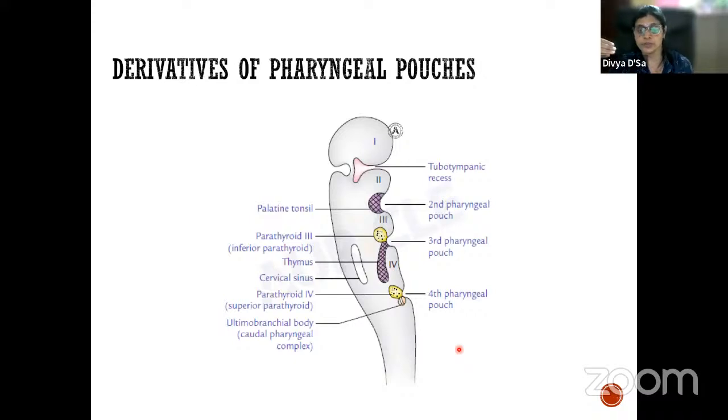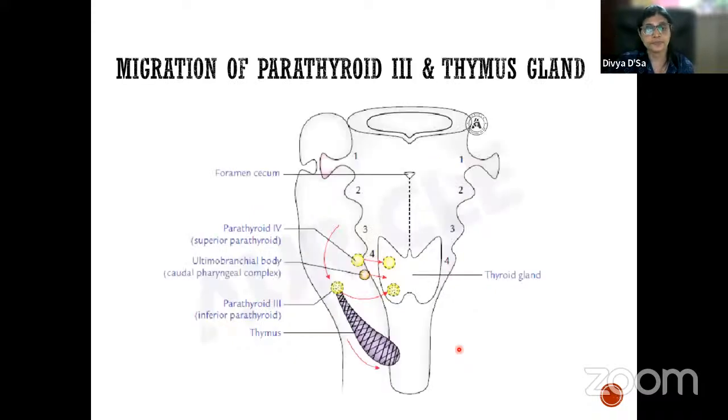And from the fourth pouch, we have the parathyroid 4 or superior parathyroid. And in relation to the sixth, we have the ultimobranchial body or the caudal pharyngeal complex. You can see here how it comes down, and this gets incorporated here. And from the ultimobranchial body, we have the parafollicular cells of the thyroid being developed.